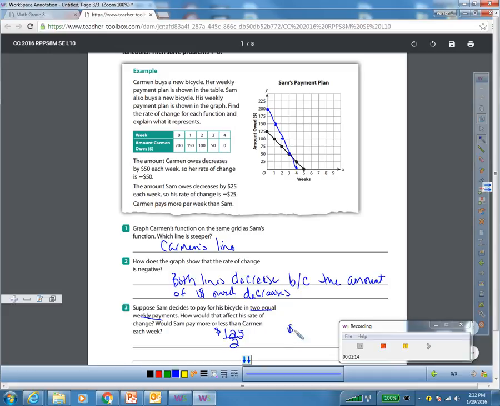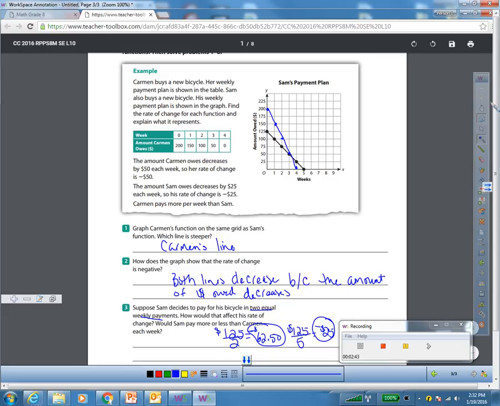So right now, Sam is decreasing by $25 each week. So negative 25 is Sam's current slope. If I divide 125 by 2, that means Sam's going to pay off $62.50 for those 2 weeks. So basically, Sam's slope would go from 25 to $62.50.